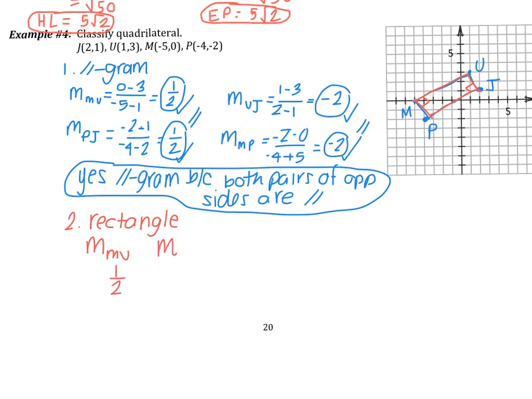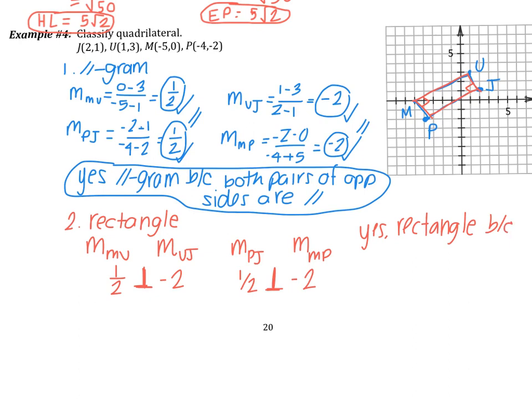And what about UJ, is -2. These are perpendicular. That means I would have a right angle. One more just for safekeeping. Slope of PJ is also 1/2. And the slope of MP is -2. Perpendicular. So, yes, rectangle, because 4 congruent angles, or 4 90-degree angles.